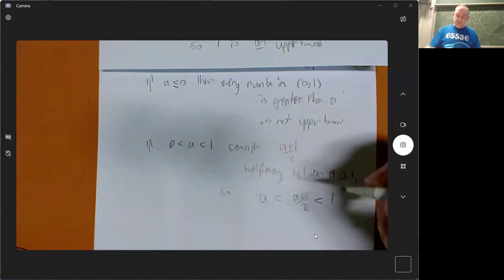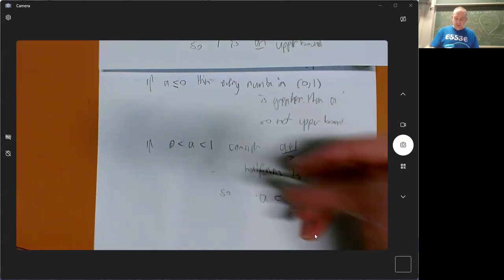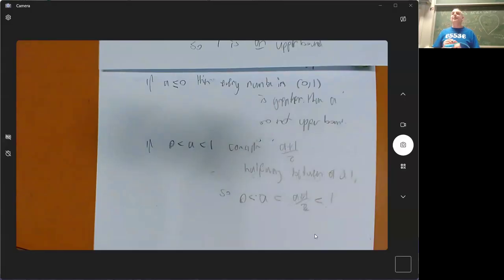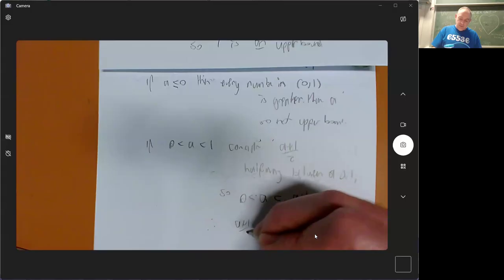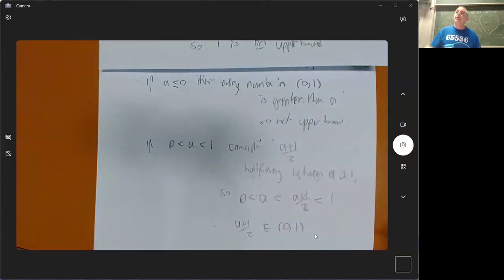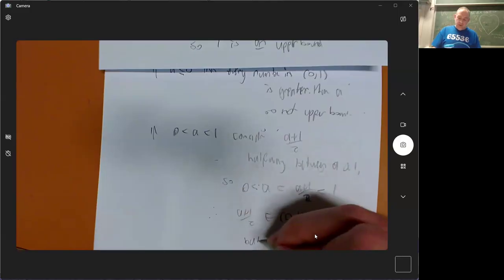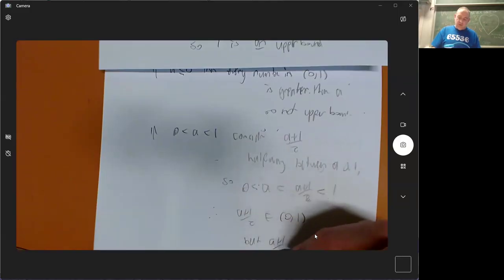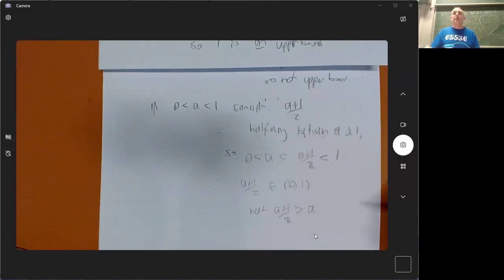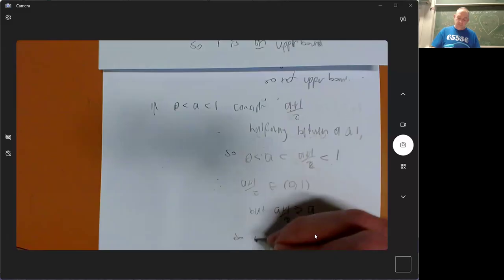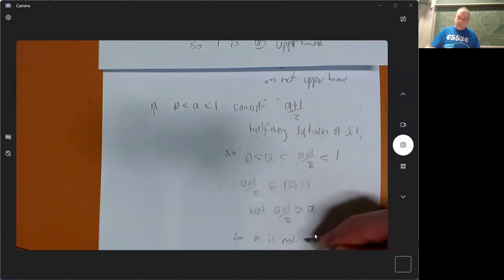And so since it's greater than 0, a plus 1 over 2 is in the set because it's between 0 and 1. But a plus 1 over 2 is greater than a. So a is not an upper bound. But a is not the smallest upper bound.